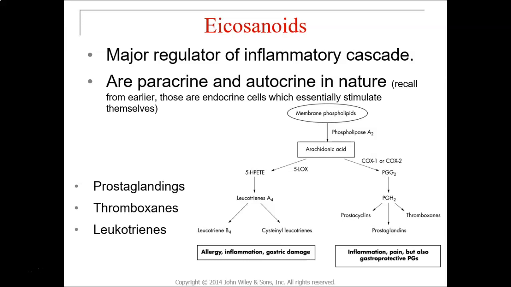If I'm really allergic to bees, or even if I'm minimally allergic to bees, I can start to have a systemic response to that allergen, meaning not just localized, but a response where blood vessels begin to dilate, where I start to have increased accumulation of mast cells and increased accumulation of white blood cells.